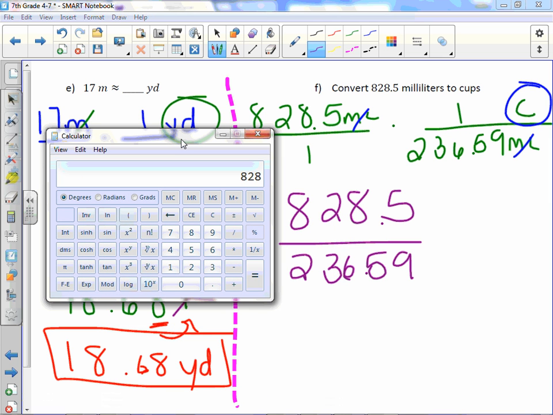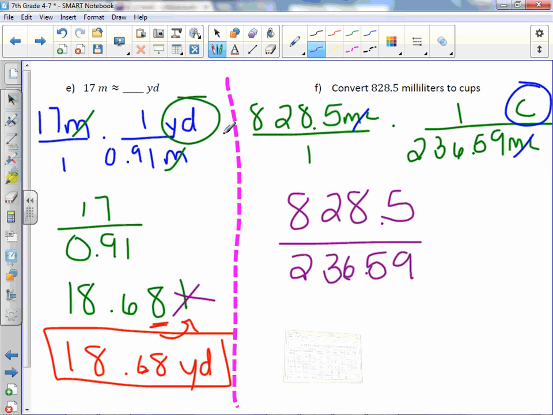So 828.5 divided by 236.59. Write out a few digits. 3.5018. Round to the nearest hundredths.